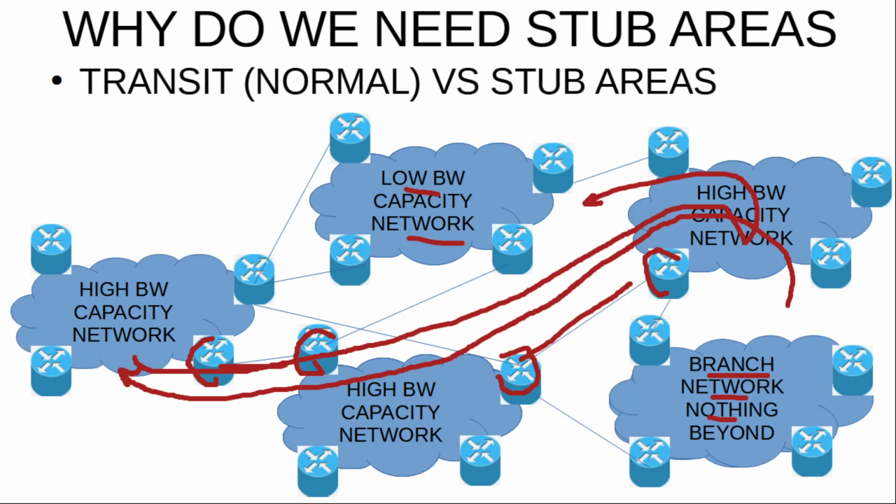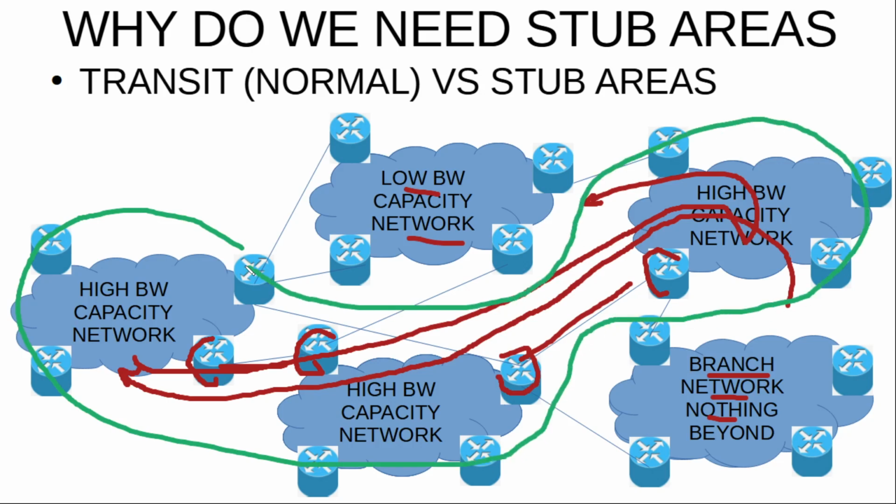So in this case, you can divide your network into a part that you define as a transit network, and parts of your network that will actually be a stub, where you don't want this part of your network to become a transit network, because that part of your network has low bandwidth capacity, or because this part of your network is a remote branch network.